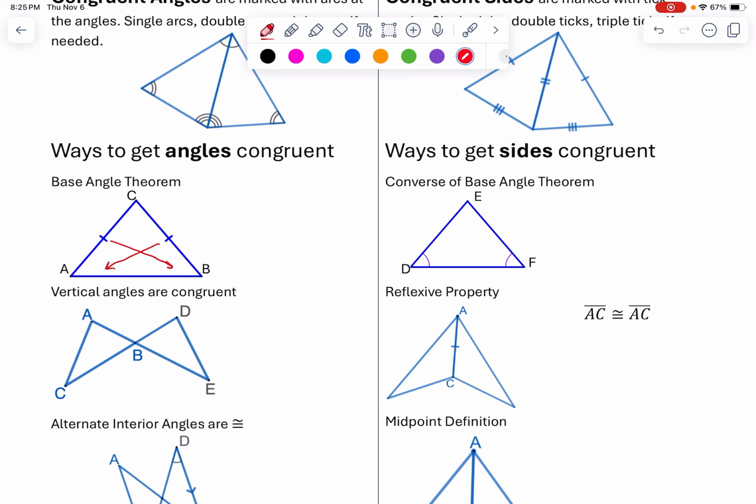So if you see a triangle with two tick marks that match, and you know those two legs are congruent, you may mark the angles congruent. If AC is congruent to segment CB, then you have a theorem that says angle A has to be congruent to angle B.